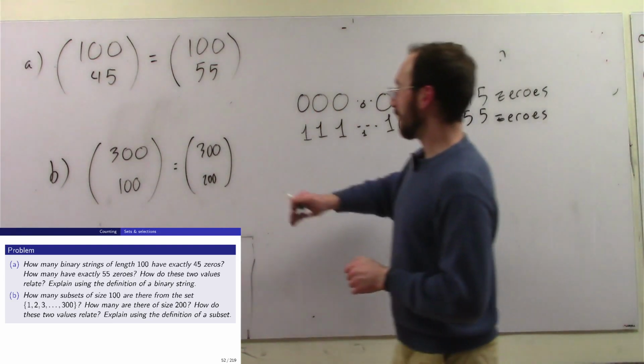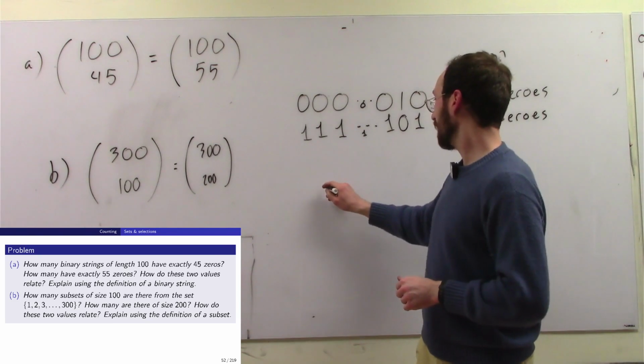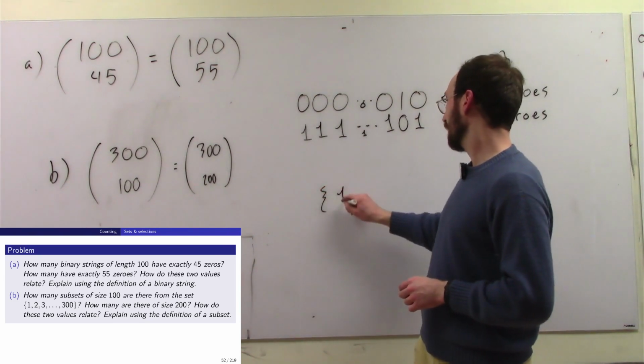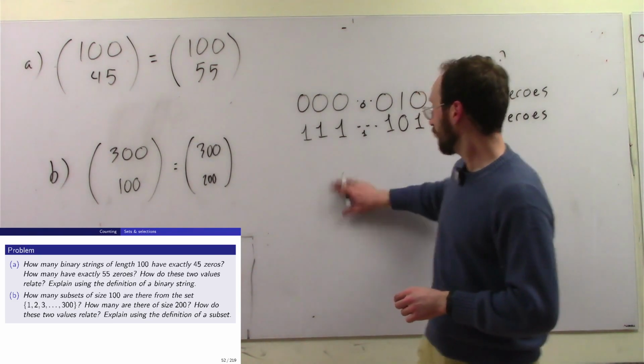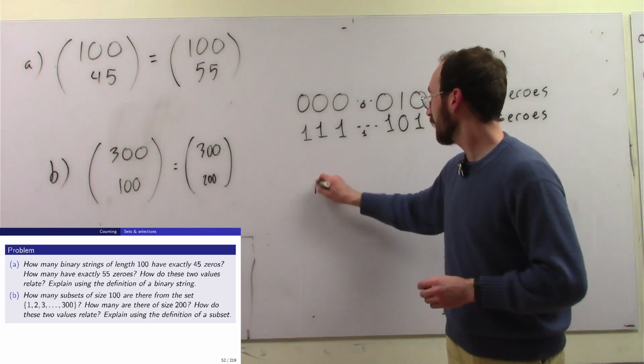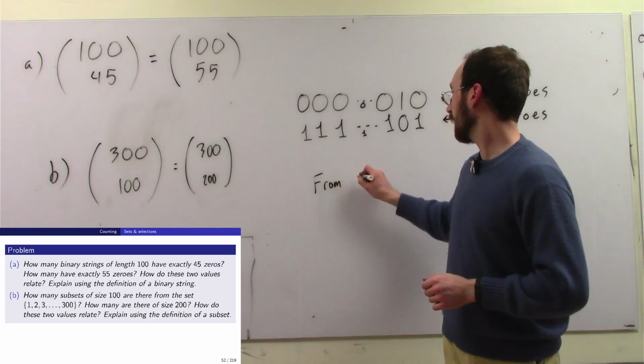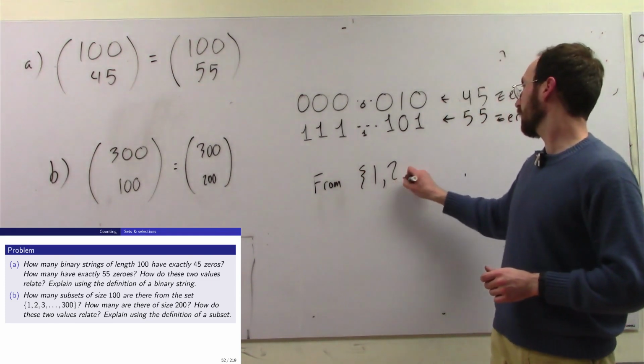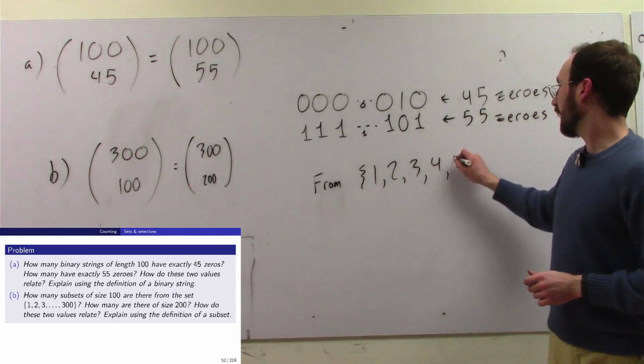I guess maybe I should just do a small example again, say I'm choosing from the set 1, 2, 3, 4, 5.